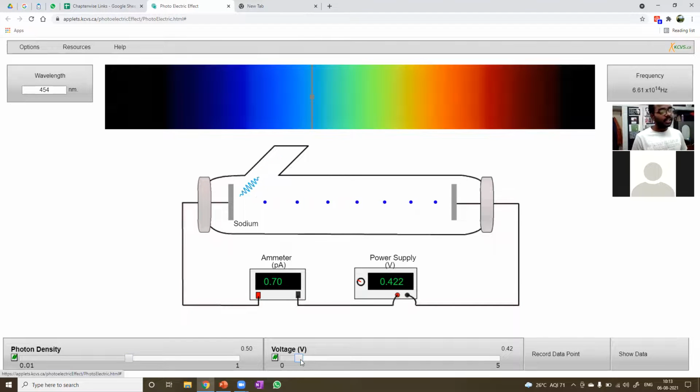Now, at a certain voltage, those charges cannot reach the positive plate. Let us find out that voltage. Let us keep increasing the voltage. You see here, electrons are coming out, but those electrons are unable to reach the opposite plate. You decrease the voltage also.